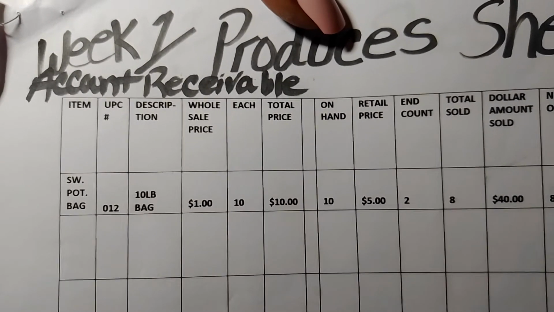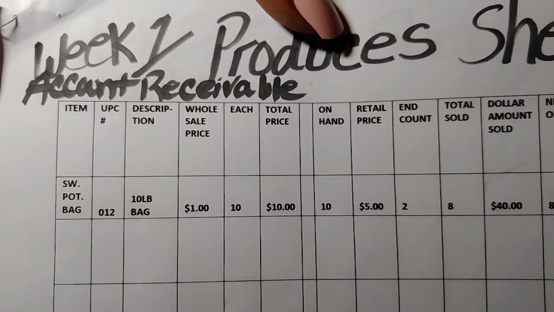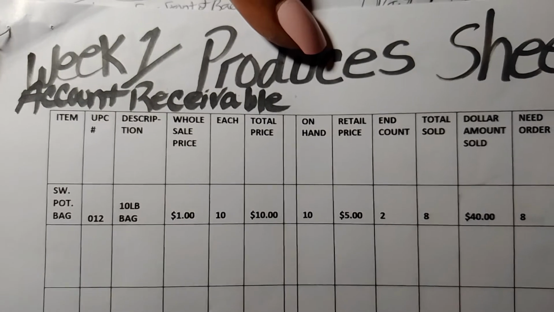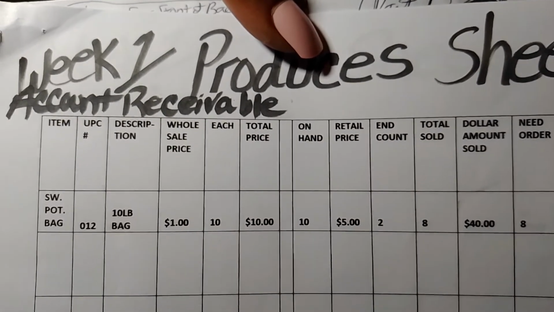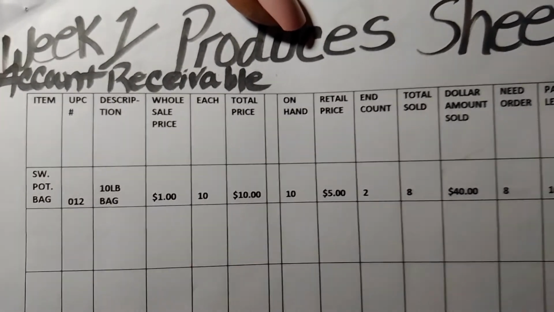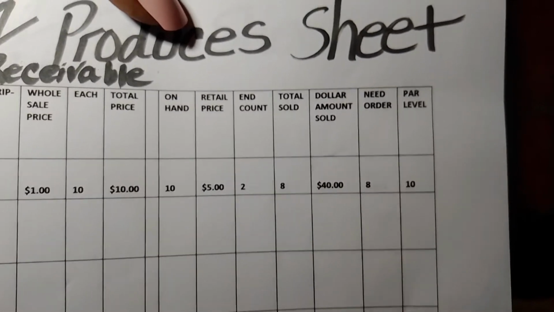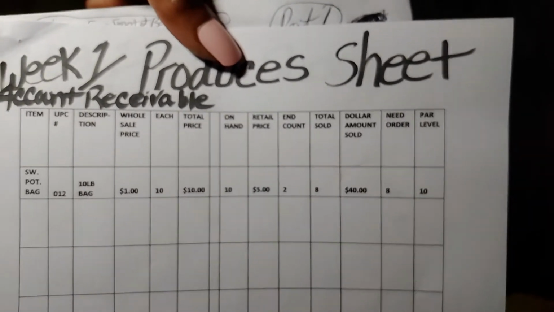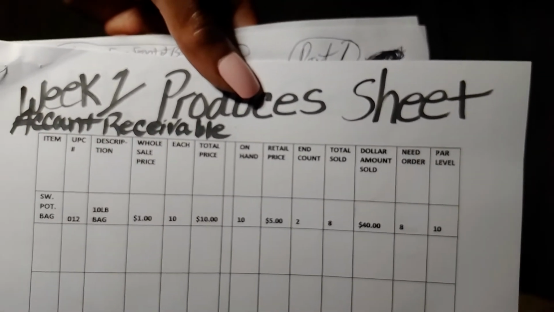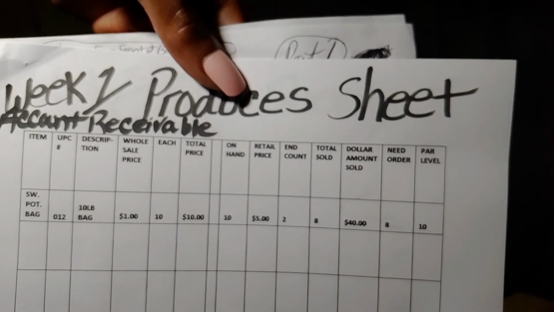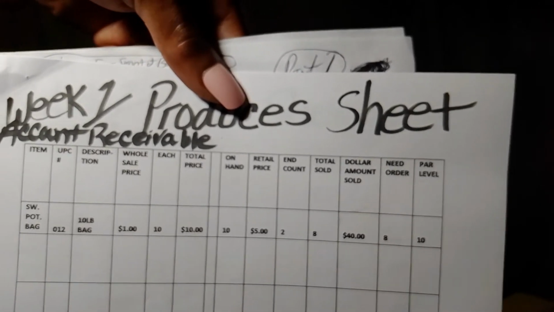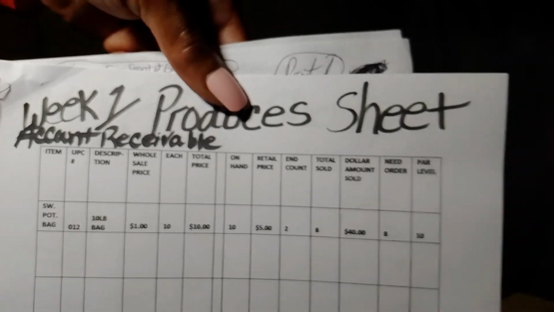That's where you will put everything that you got from your truck driver or delivery person. You're going to record it on item number, and you're going to record it on UPC number, description, wholesale, each, total price. You're going to record it on all those things. So make sure that you have that.